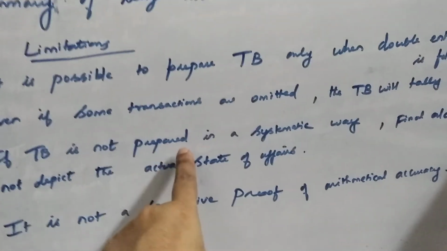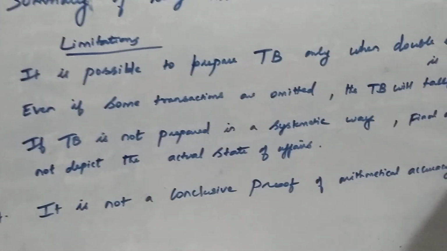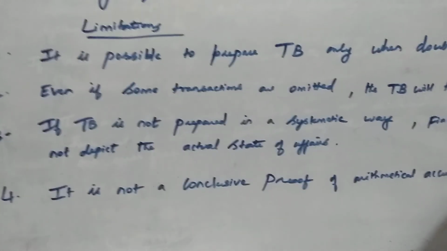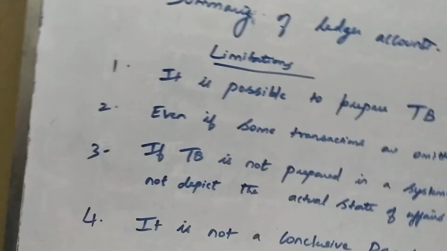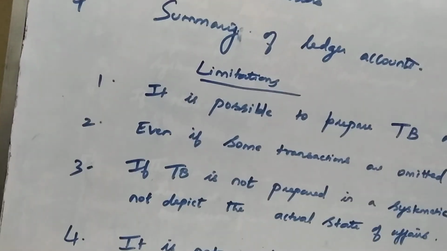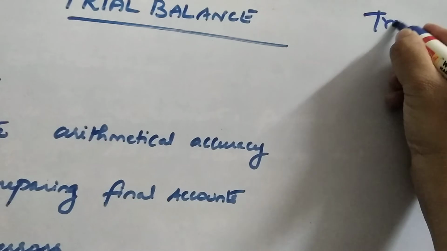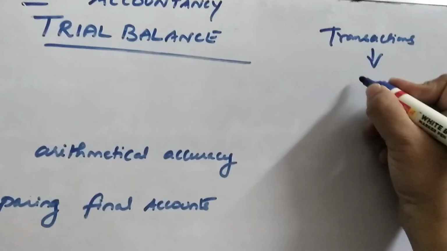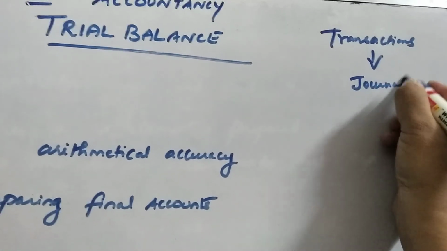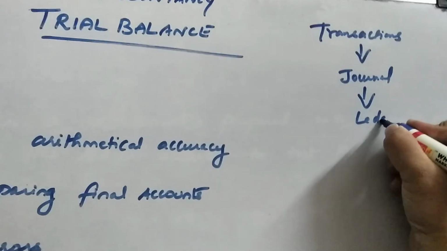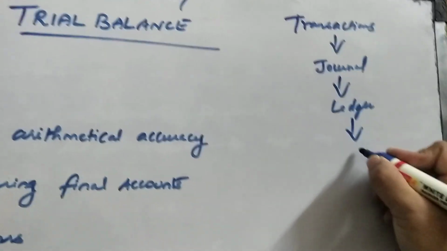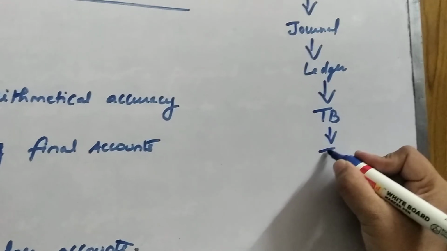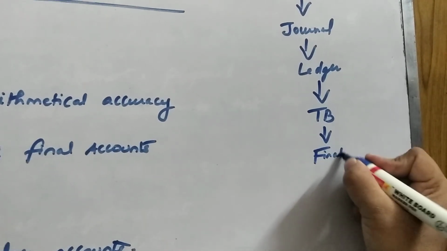And if it is not prepared in a systematic way, final accounts may not depict the actual state of affairs. As I told you, in the accounting cycle, we start with transactions, right? From transactions, journal. From journal, ledger. From ledger, is trial balance. From trial balance, you have the final accounts.